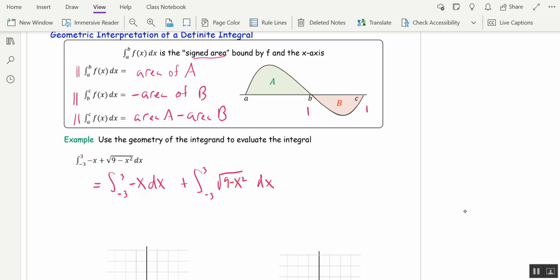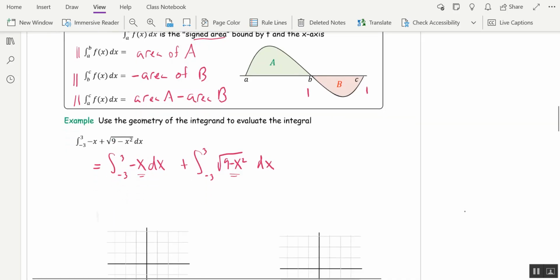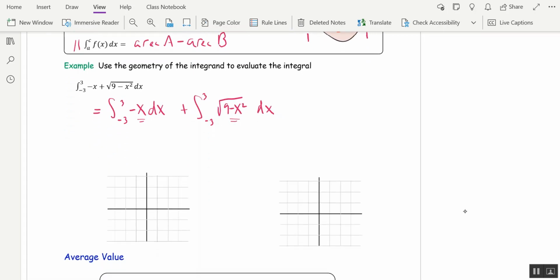Because if we're using geometry, it's going to be easier to graph these individual functions rather than the functions put together. So in this first integral, let me go down here to my graph, our f of x is negative x. So let's graph that going from -3 to 3. It looks like that. And so the area bound by the curve and the x-axis looks like this.